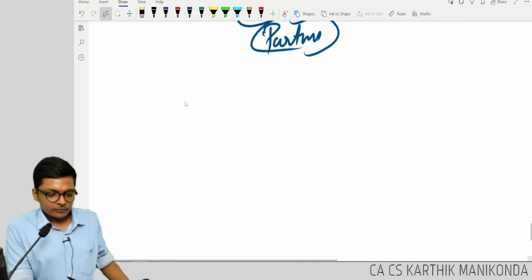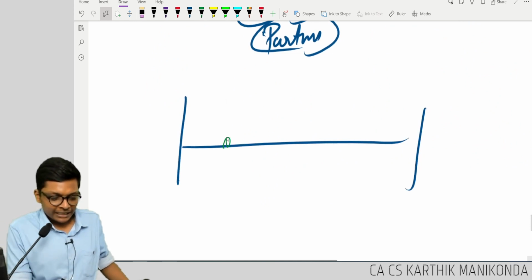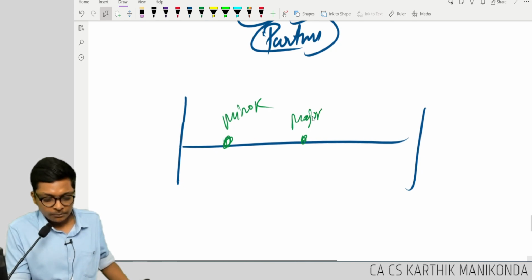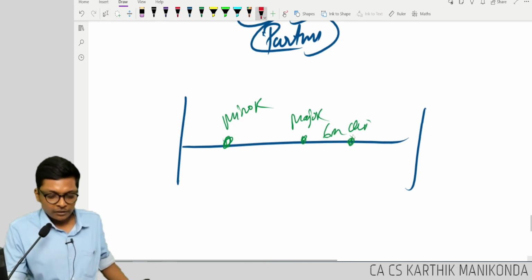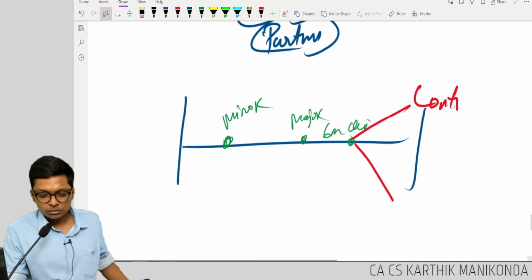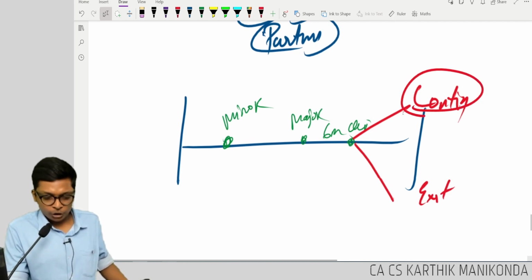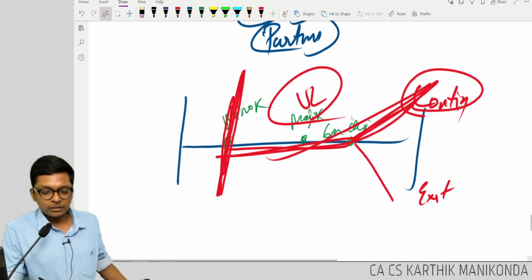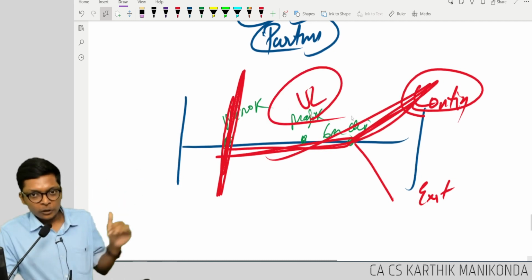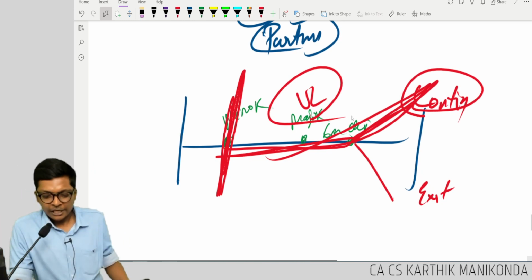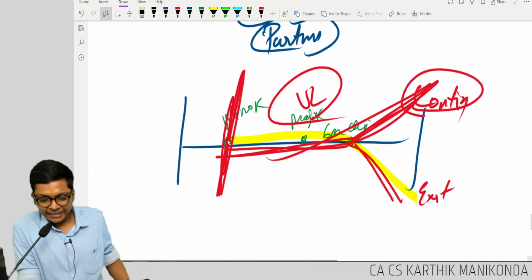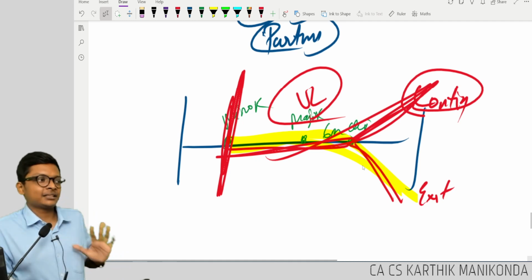So, if this is my timeline, I joined here as a minor, here I became a major, here I took the 6 months decision. From here I can decide to continue or exit. If I decide to continue, liability is unlimited from the first. Full period liability becomes unlimited. If you decide to exit, full period liability is limited. That's it. As simple as that.